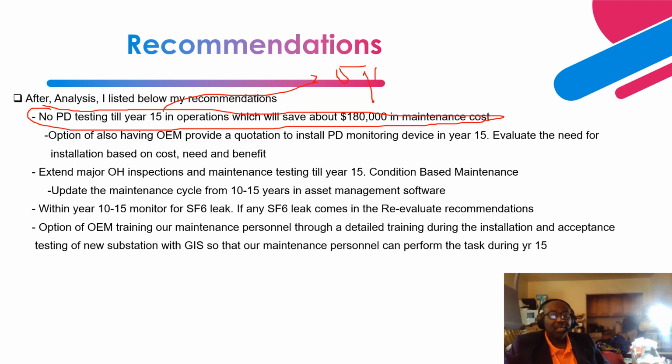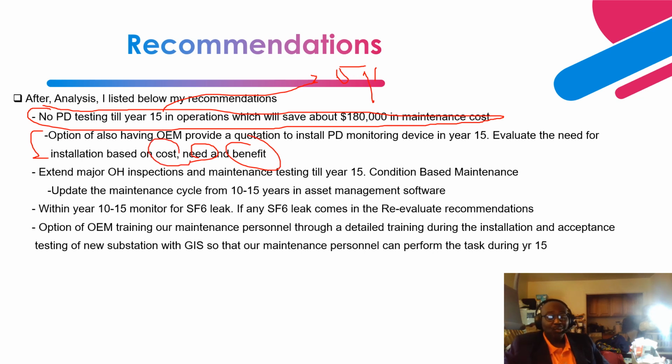So for the PD testing alone, I can save a total of $180,000. Then alongside, the other option I did was to have the OEM give me a quotation to install a PD monitoring device towards year 50, right? And that itself requires evaluation of need, benefits, and cost as well.